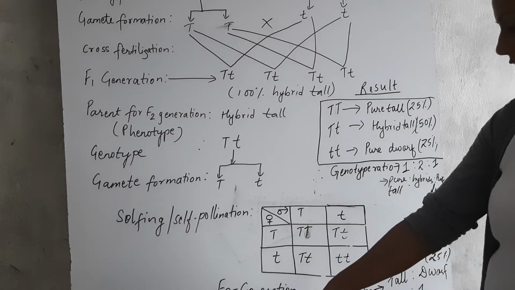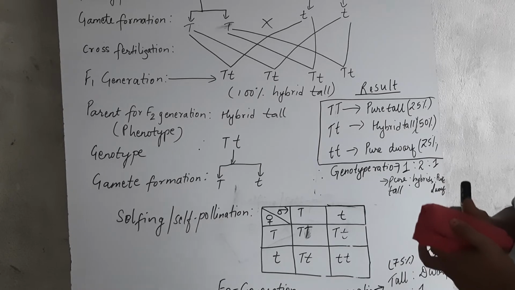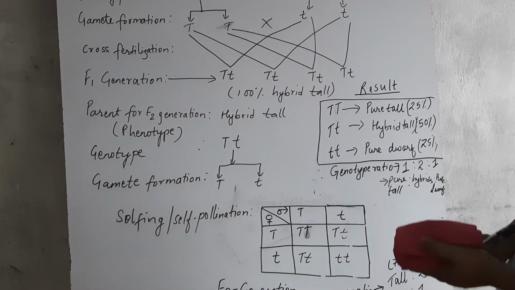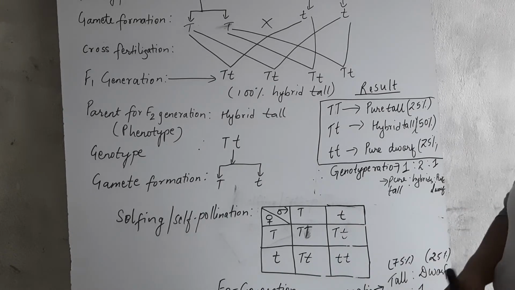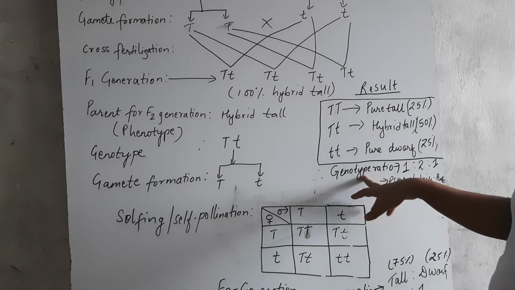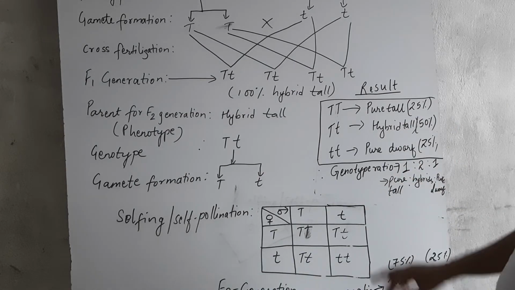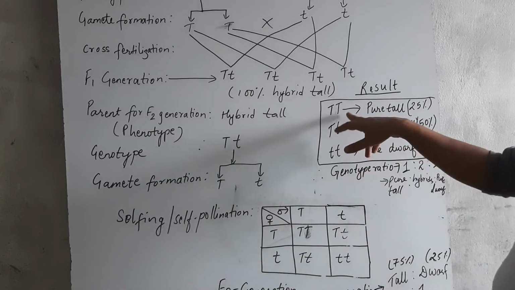Already we have discussed in the previous lesson, phenotype is the physical or morphological external appearance of an organism which we can study very easily, and genotype is the genetic makeup or genetic constitution, which we cannot observe since it is based upon the gene.